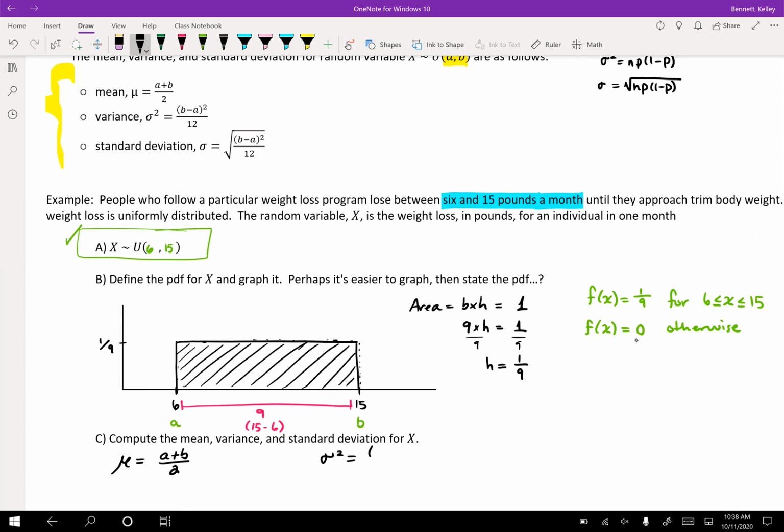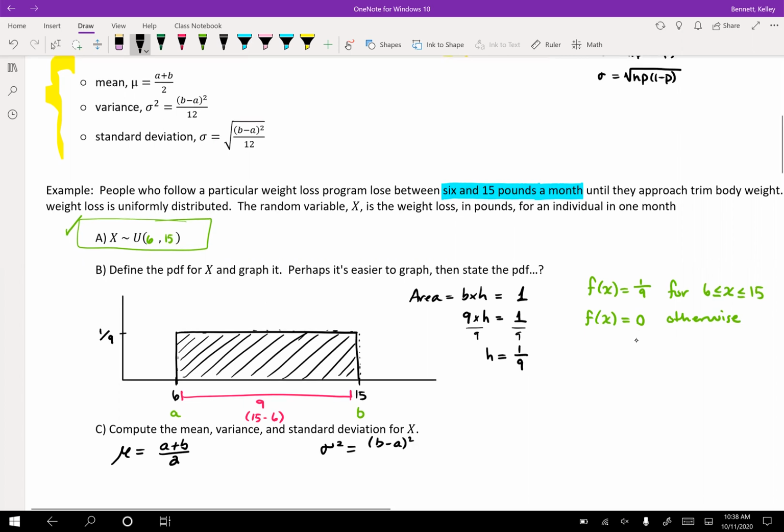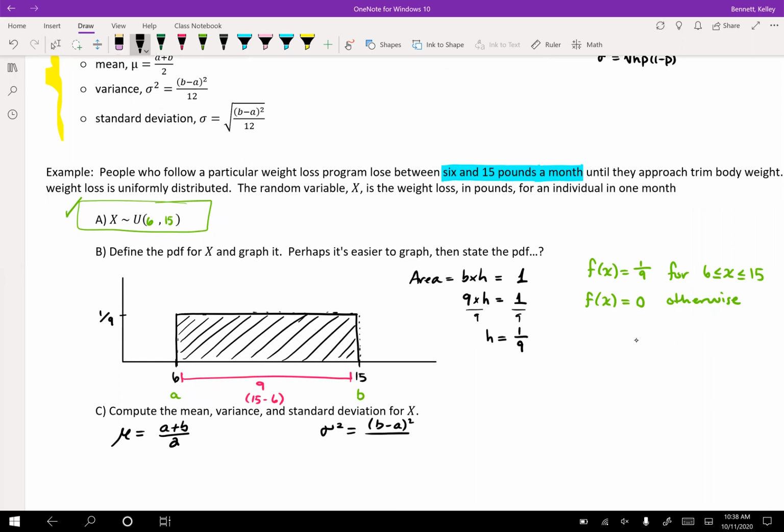So b minus a is just the width. And then for the standard deviation, I'm just going to take the square root of that. If I take the square root, you could cancel the b minus a squared bit and then just have root 12 on the bottom, or simplify that further. Go nuts on that if you want to. I'm going to leave it as the book gives it. I think it's easier to remember.